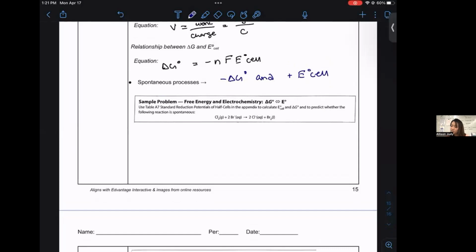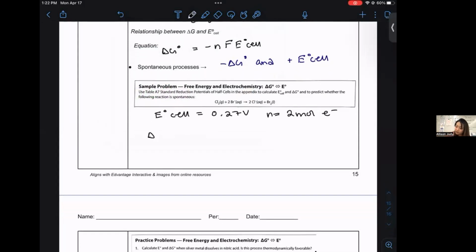What you would find for this sample problem is, when you look at the table, that E naught of the cell under standard conditions is 0.27 volts for their respective redox reaction happening, and the amount of moles being transferred is 2 moles of electrons. So you would just plug and chug.